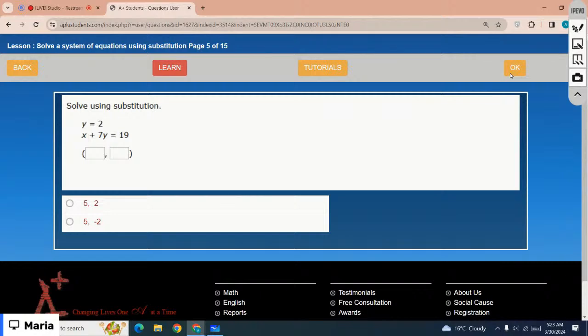Okay, the next one is y equals 2 and x plus 7y equals 19. So which is the correct option?